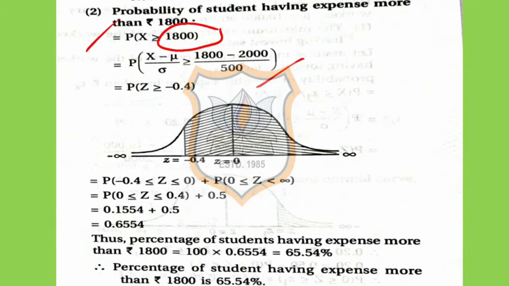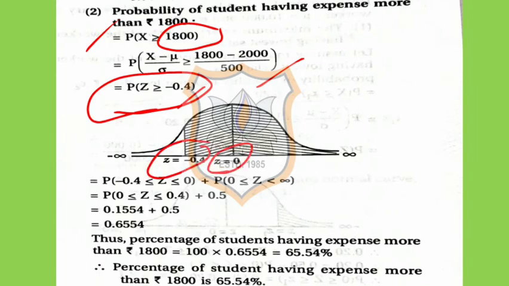So probability we have to find for z greater than minus 0.4, because 1800 minus 2000 upon 500 is minus 0.4. Now you know the central value is z equal to 0, minus 0.4 will be on the left side. Now we have to find the area from minus 0.4 to the right. That means this whole area we need.